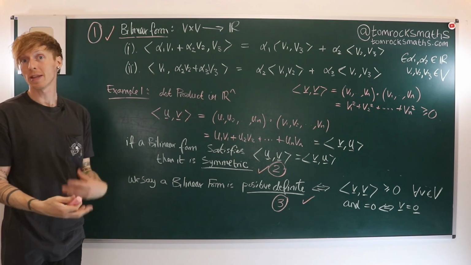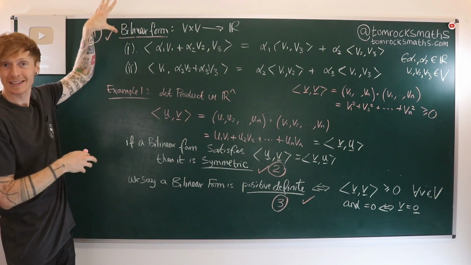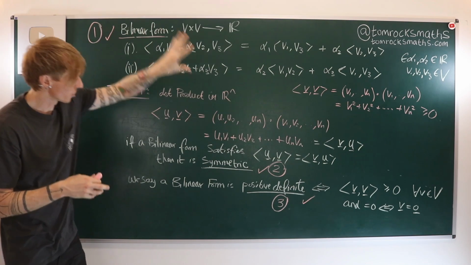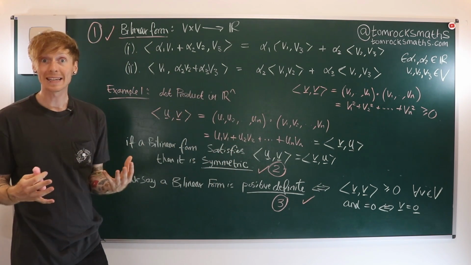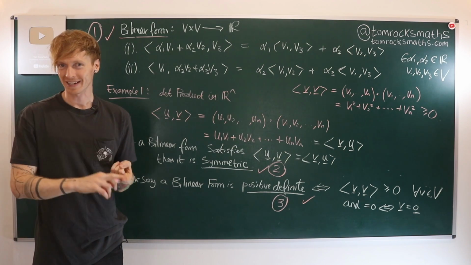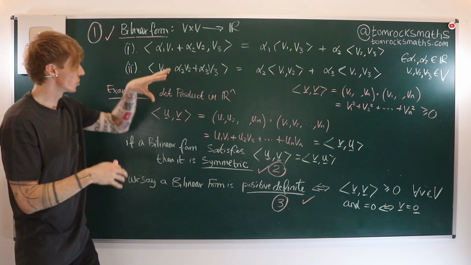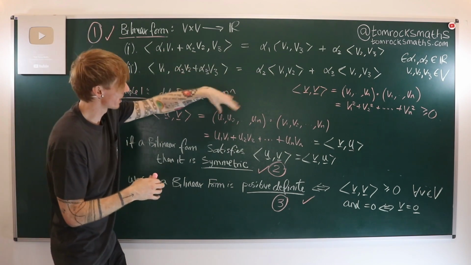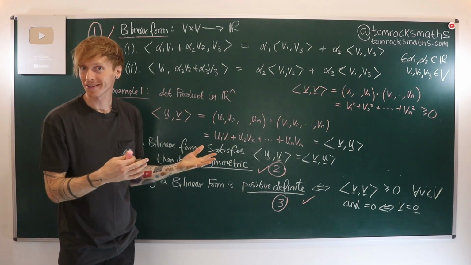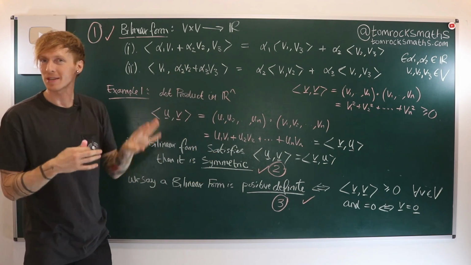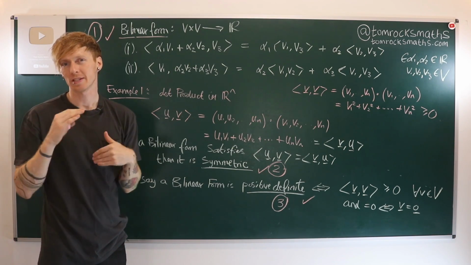So to check whether or not we have an inner product, you have to first show your map is a bilinear form, it's also symmetric, and it's positive definite. Finally, if you have a real vector space equipped with an inner product, just like here, we have our real vector space Rn equipped with our inner product, the dot product, then that is what we call an inner product space.